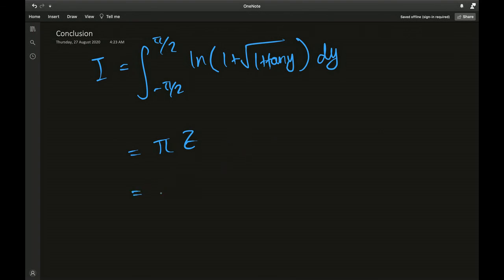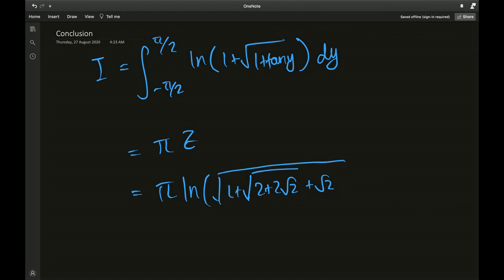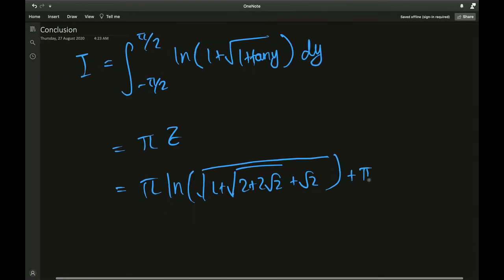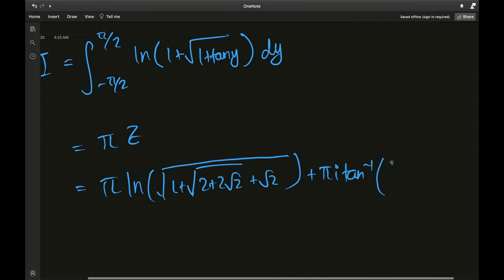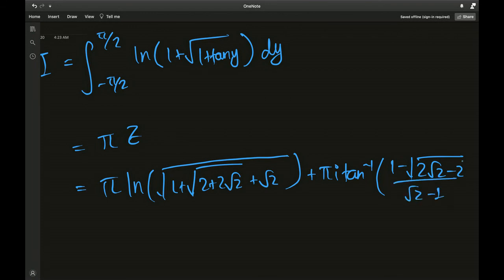So then we have pi times the natural log of square root of (1 plus square root of 2 plus 2 root 2 plus root 2), plus pi i inverse tangent of 1 minus root (2 root 2 minus 2) over root 2 minus 1.